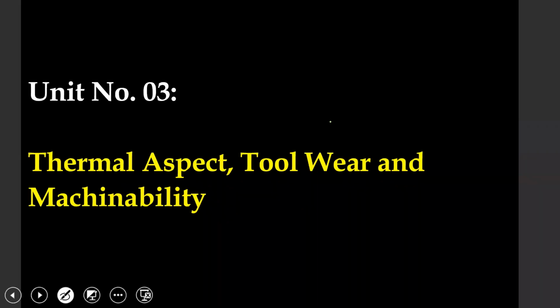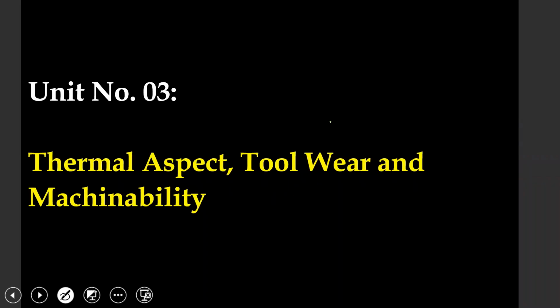If that tool wear is beyond the expected range, then that is going to hamper the overall machining process. So what are the forms of tool wear, what are the causes of tool wear, and how to control that tool wear, everything we are going to talk about.